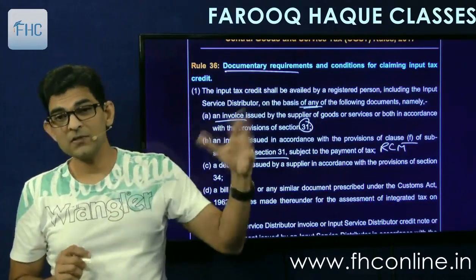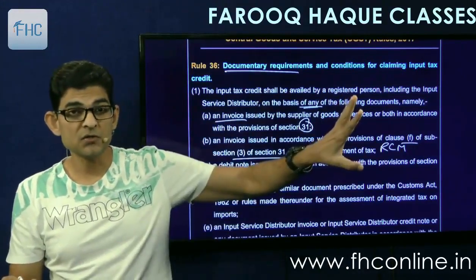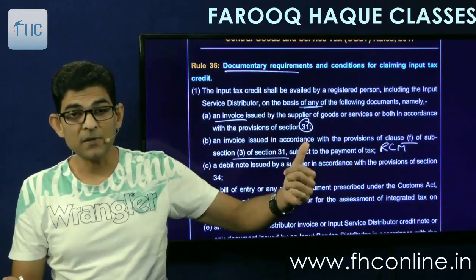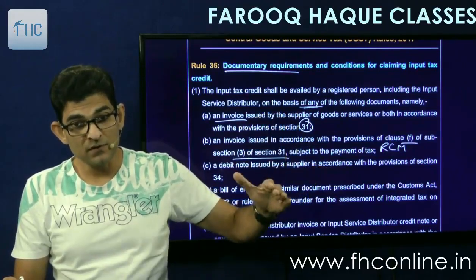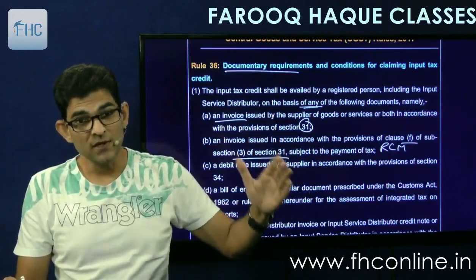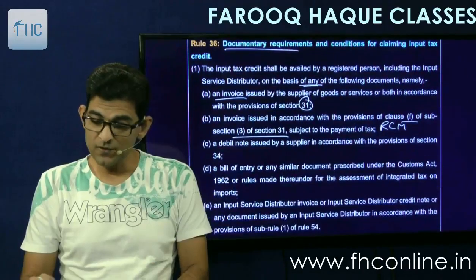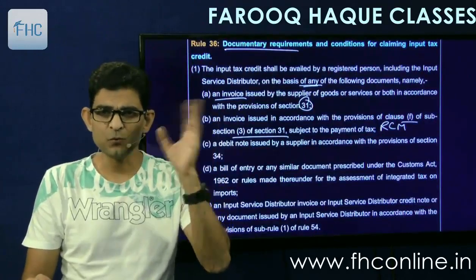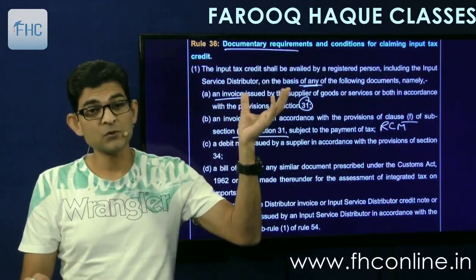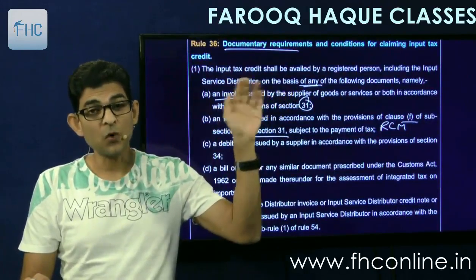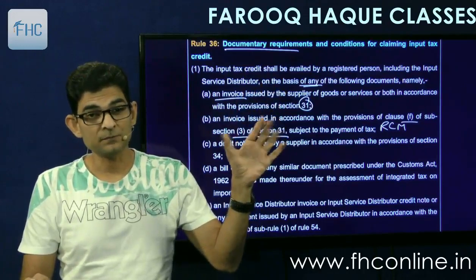But if we are receiving the goods or service from a person who is not registered, then this clause F applies, 31(3)(f), which says that the recipient has to issue the invoice. So just mention RCM, that's enough for you to understand. This is the invoice of the actual supplier, that is in case of forward charge, and this is in case of reverse charge, clause B.